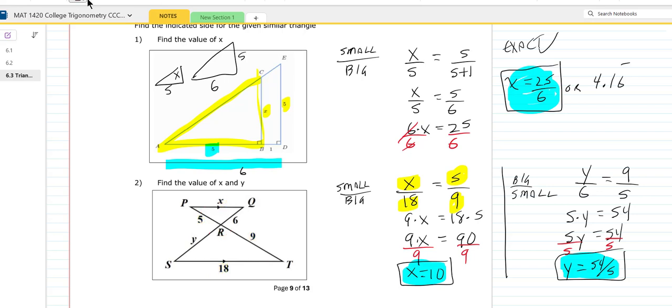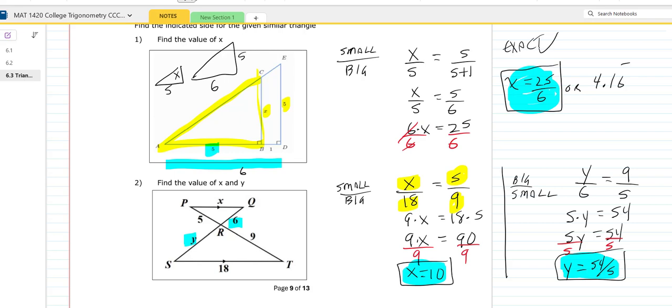If you look at finding y, now what I recommend is, the y corresponds in the big triangle with the 6. So here I just decided to put the big in relation to small. I just have a habit, I don't know why, of putting the variable in the upper left-hand corner. It does not make any difference as long as your proportion is valid.